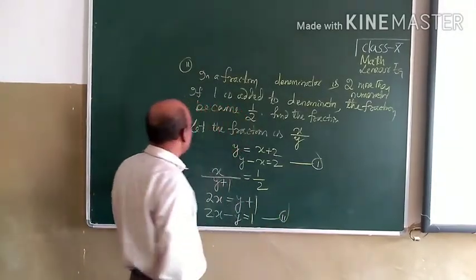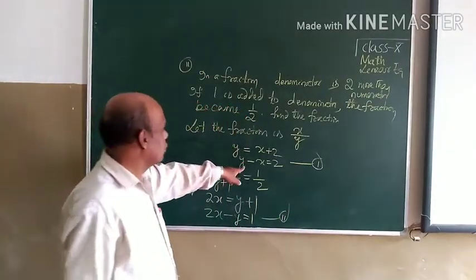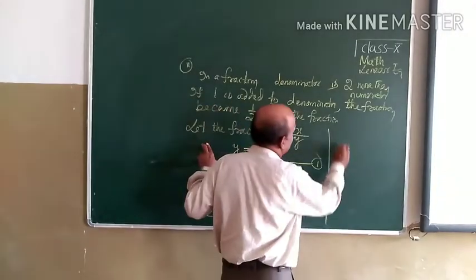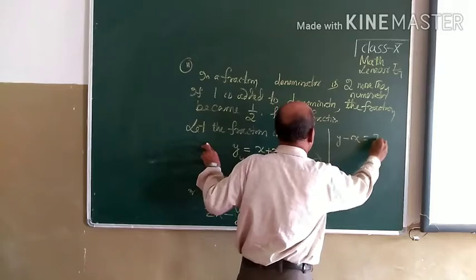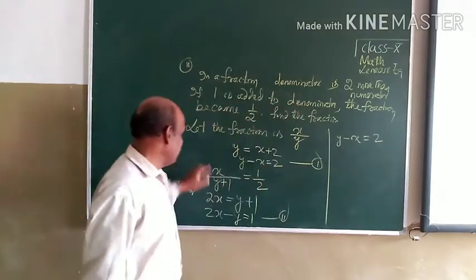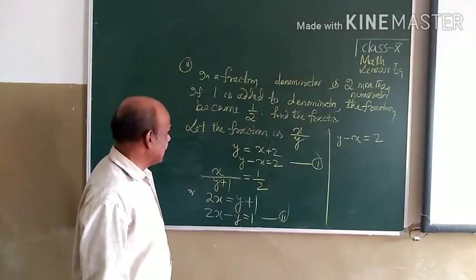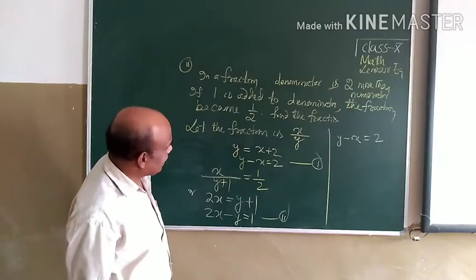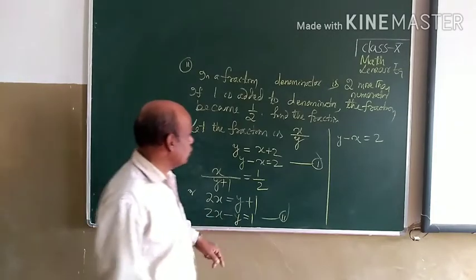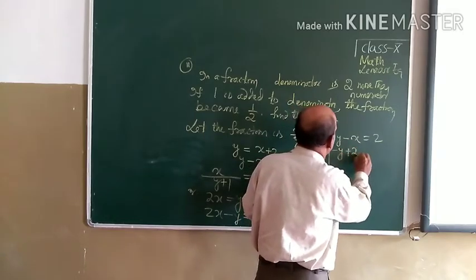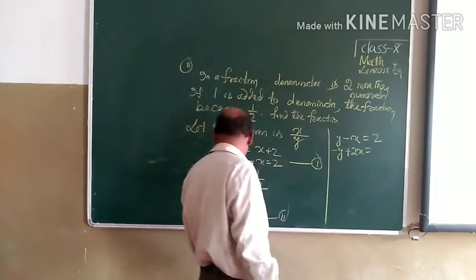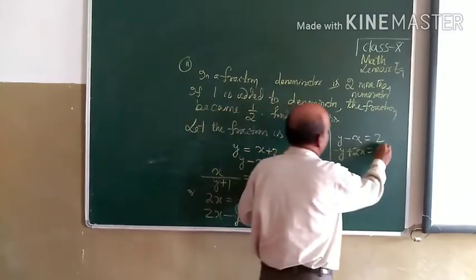So the first equation we already got: y minus x is equal to 2. And the second equation is minus y plus 2x is equal to 1.